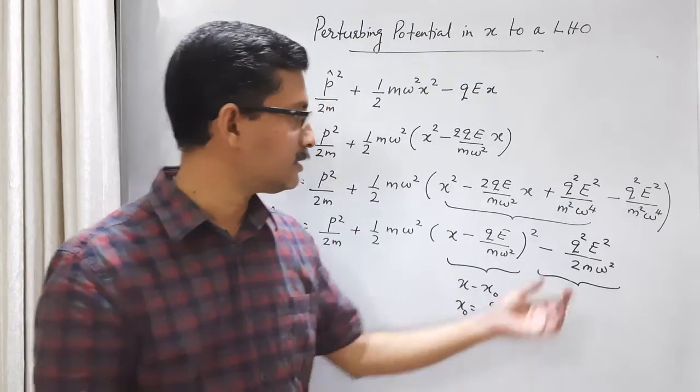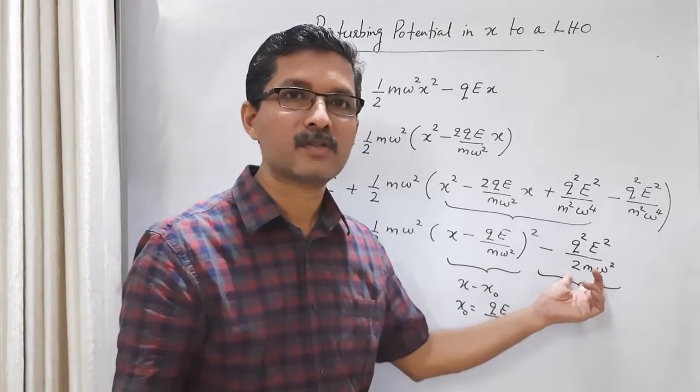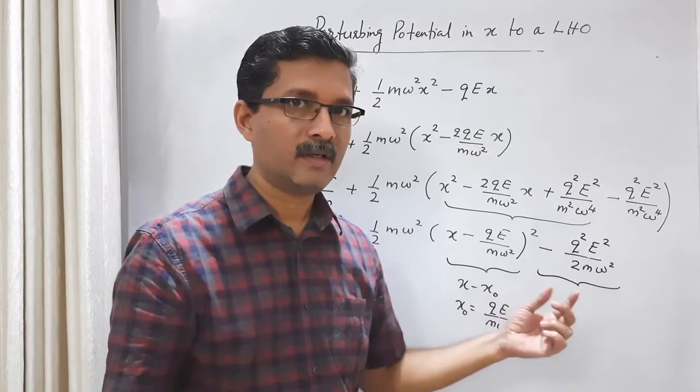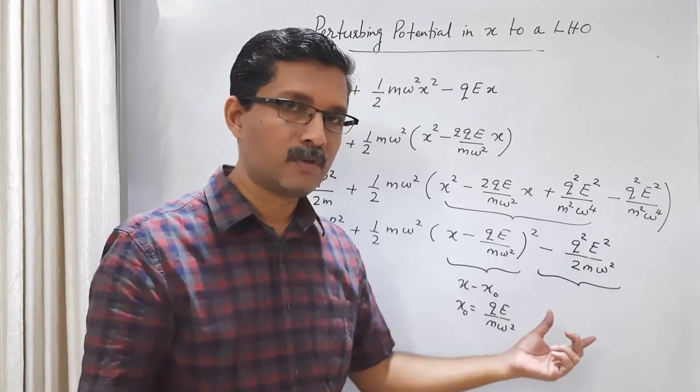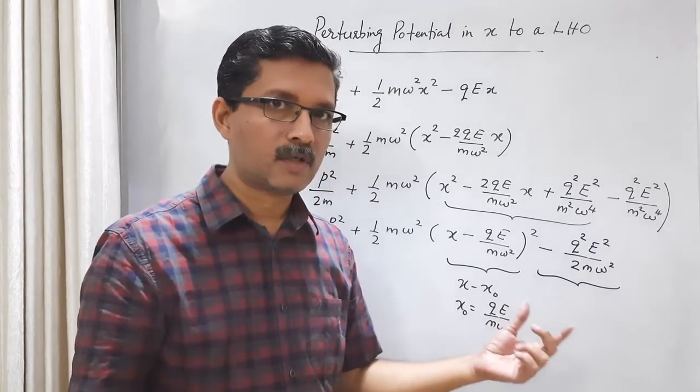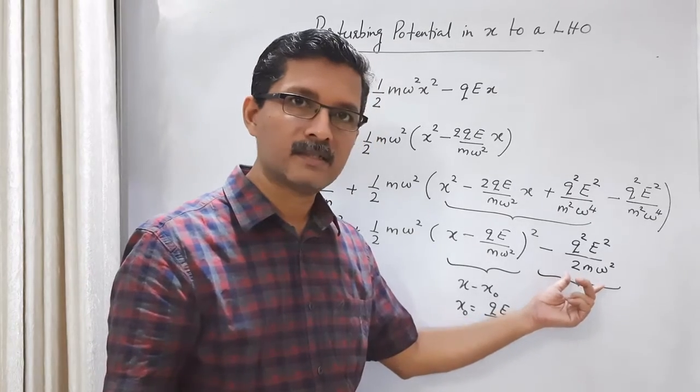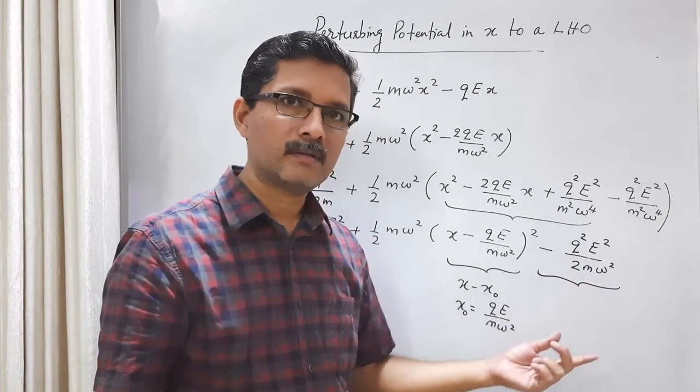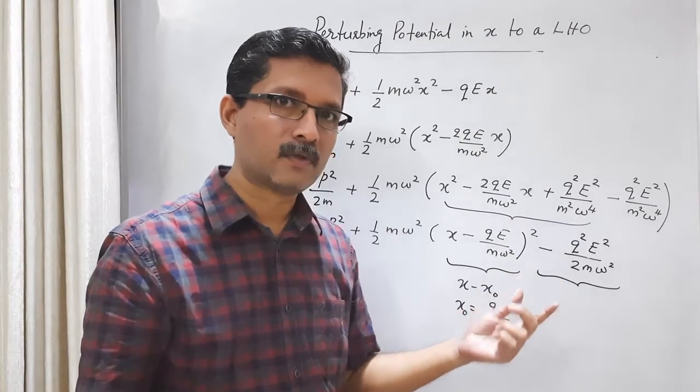Okay, you can see that this amount is equivalent to half m omega square x0 square. So the value of this decrease in energy corresponds to the potential energy for the shift.